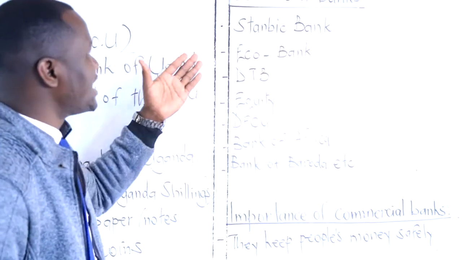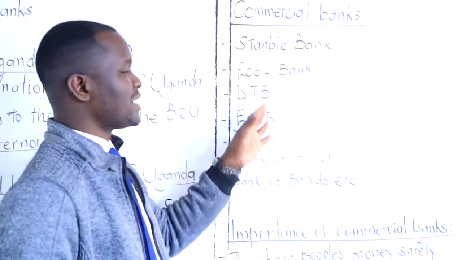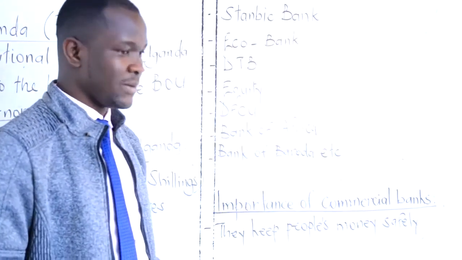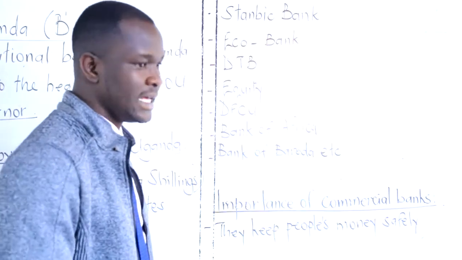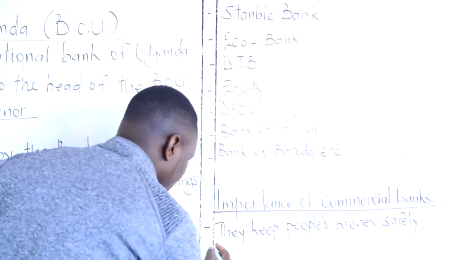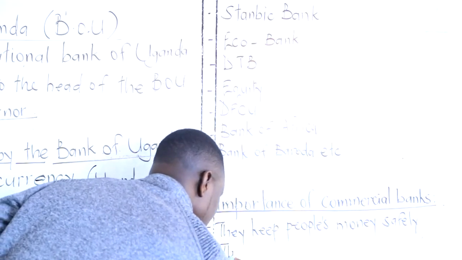The Bank of Uganda deals with this, and these are the ones that deal with the people. So the commercial banks are the ones where people can take their money and bank there.